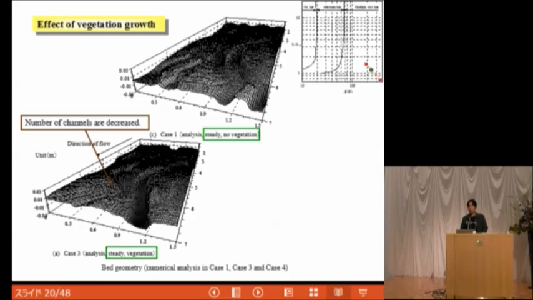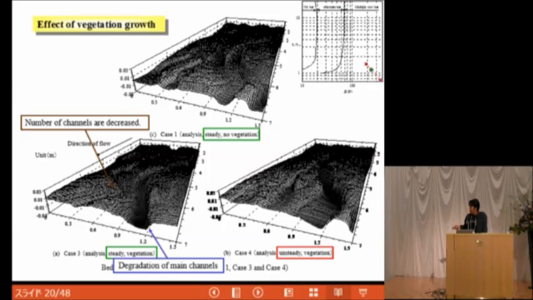And if we consider both, meaning the presence of the vegetation and the unsteady flow condition, then on the bar, with so much vegetation, sediment deposition will be accelerated more during the flood. So sediment is deposited on the bar very much.